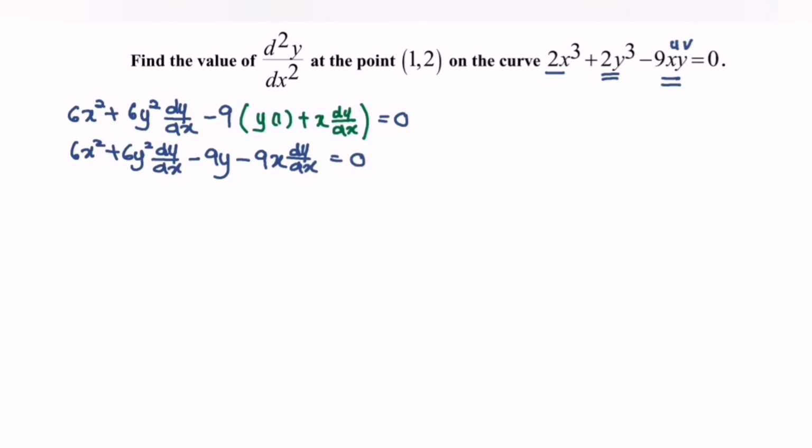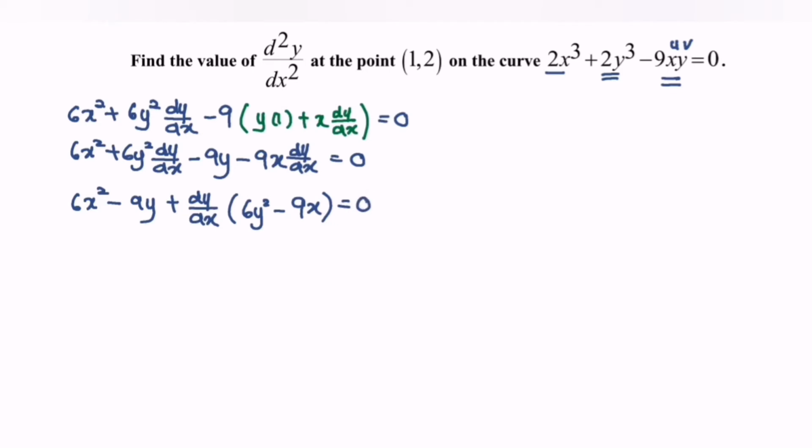Now I'm going to simplify before I differentiate for the second time. So we have 6x squared minus 9y plus dy/dx bracket 6y squared minus 9x, which equals 0.